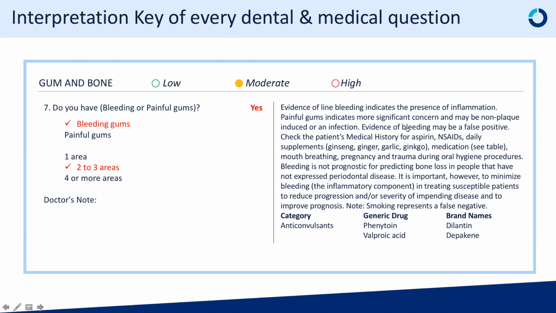So it doesn't really matter who's answering the patient, or who is explaining to the patient the importance of these medical and dental history forms, because everyone has the same terminology and access to the same information. So that way everyone is using the same exact terms, or style of explanation.